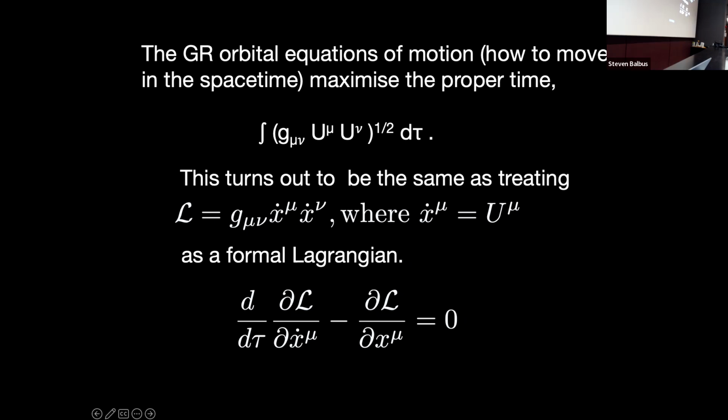Those won't depend upon x dots, but they'll depend upon coordinates. And you use that as a Lagrangian. That is this nice simple way to find the orbital equations. That works perfectly.